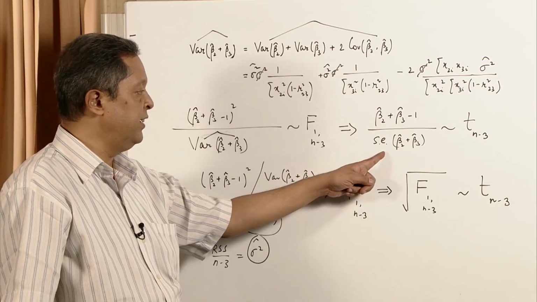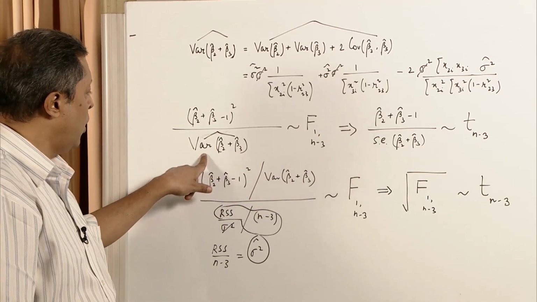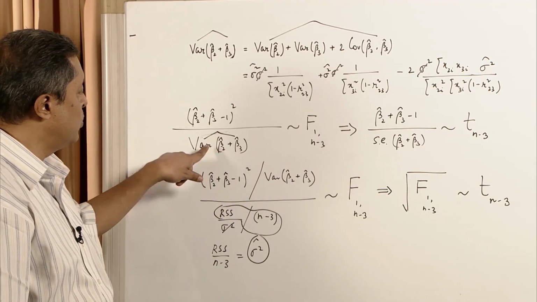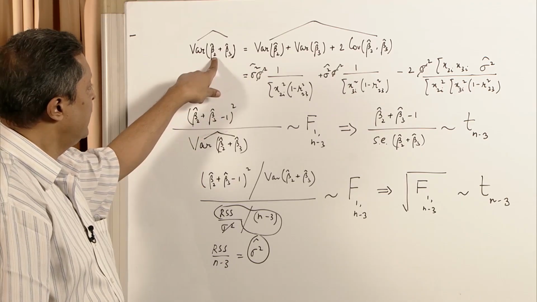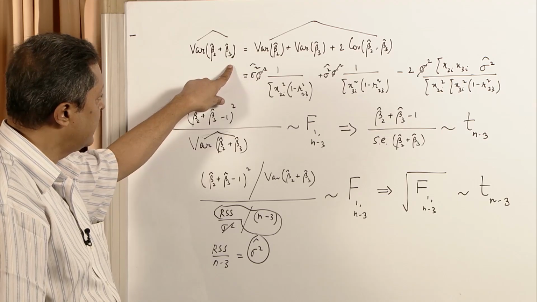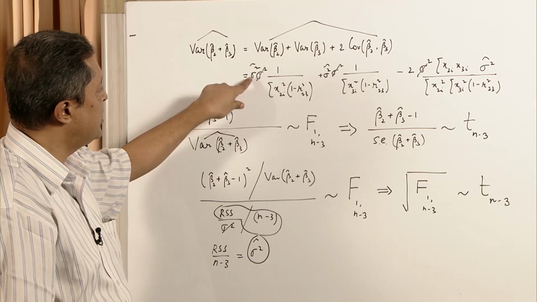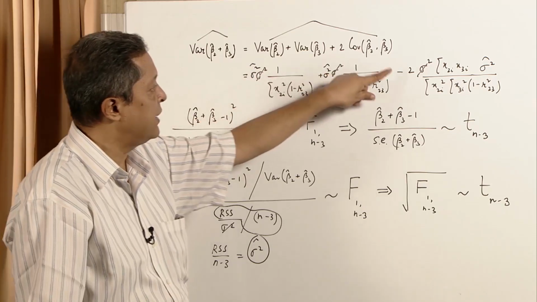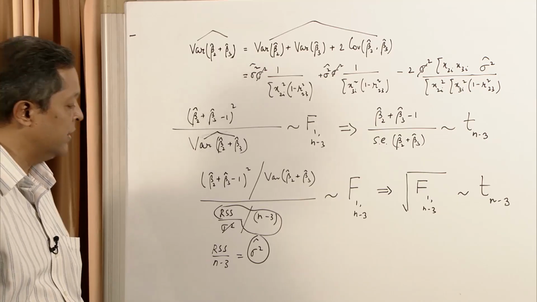And this term in the denominator is computed as the square root of the estimated variance. What is the estimated variance? It is the variance of beta 2 hat plus beta 3 hat. The only difference is, instead of sigma square, here we have estimated it with sigma square hat. And what is sigma square hat? It is RSS by n minus 3.